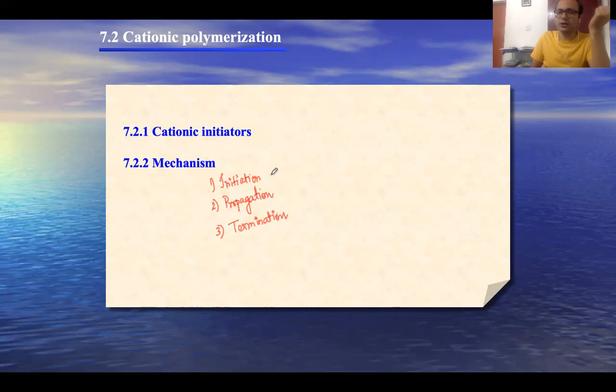So we had the initiation, the propagation, and the termination steps when we discussed free radical polymerization. Now, in this case also, we will have all these steps, that is initiation, propagation, and termination steps.